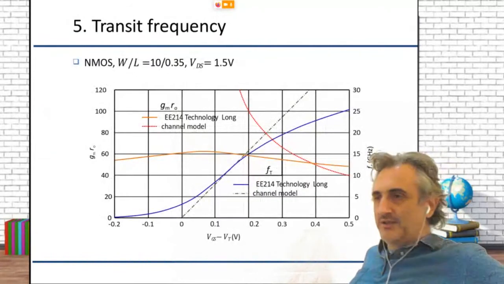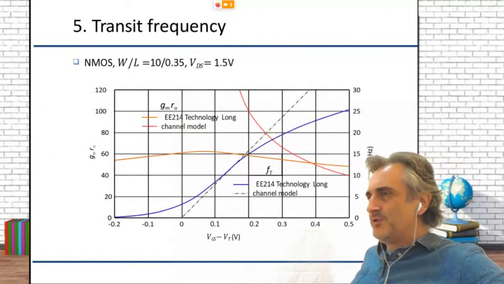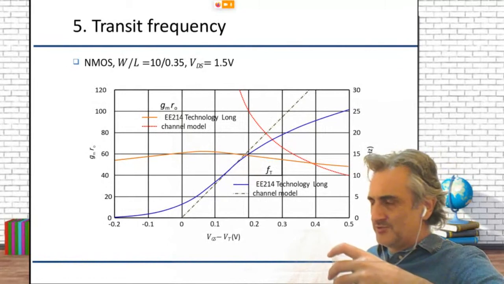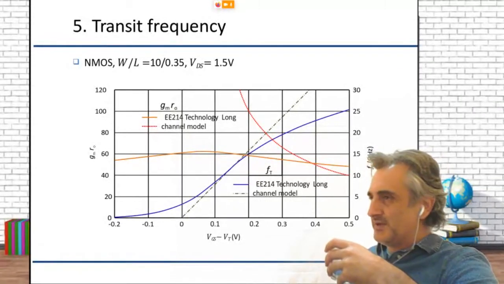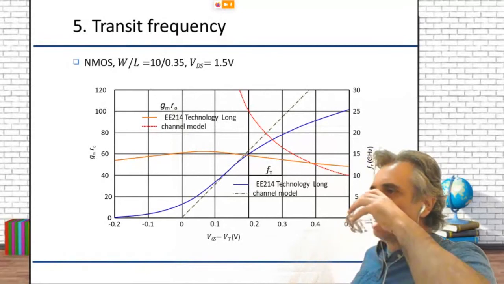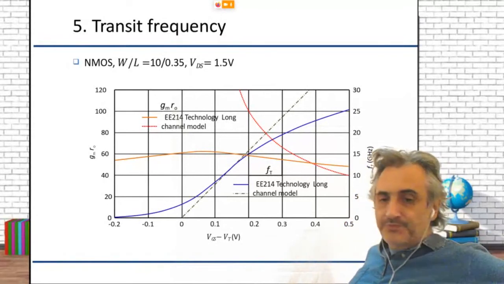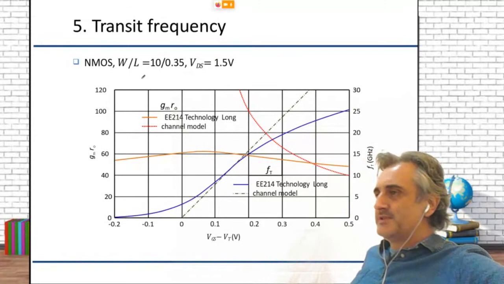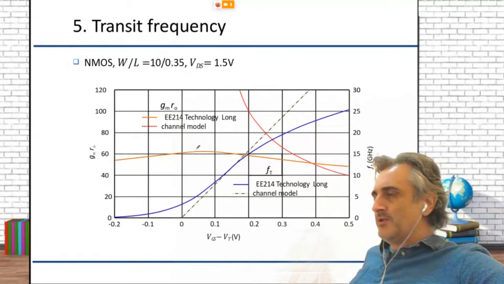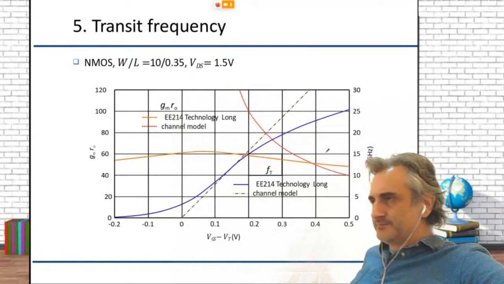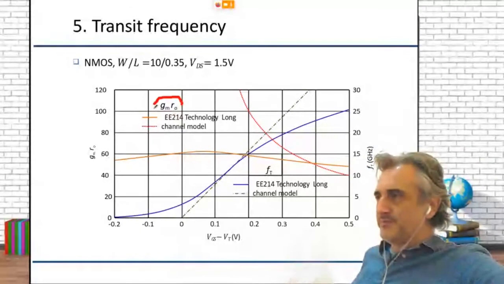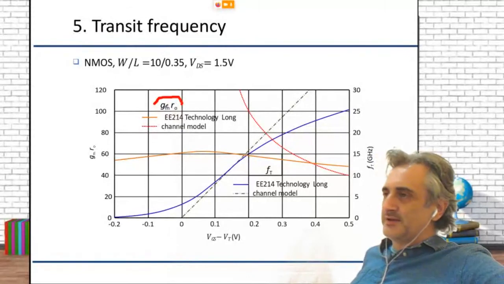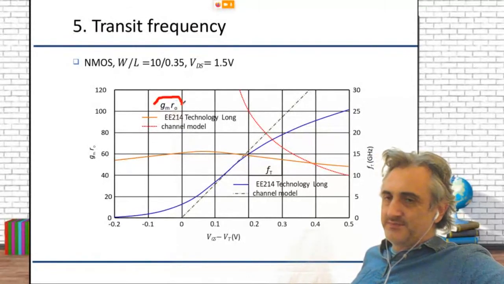No? Okay. In any case, here you have the actual behavior of these transistors compared with the model we are using. Here we are using the maximum possible gain, do you remember? Which is simply the transconductance multiplied by the output resistance.